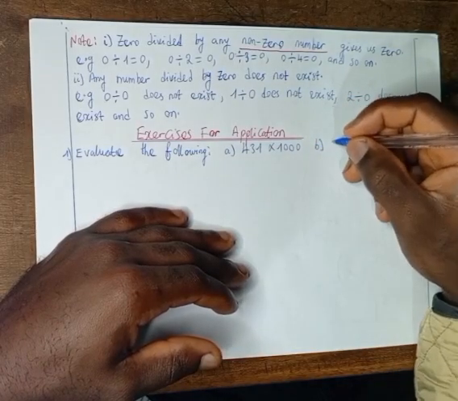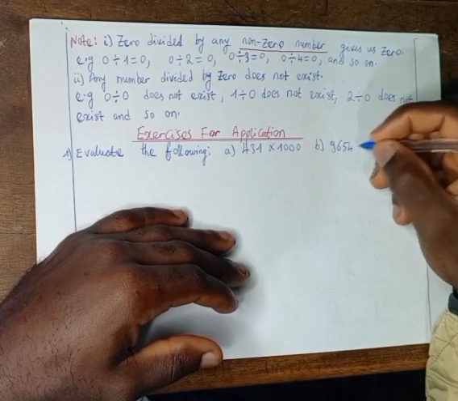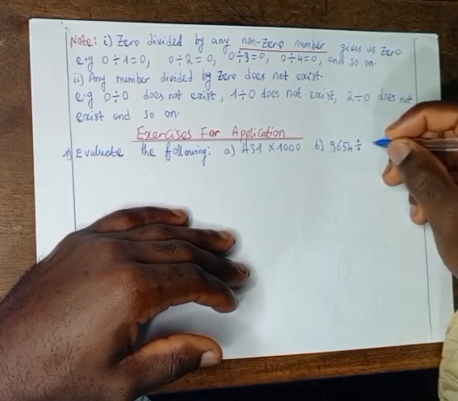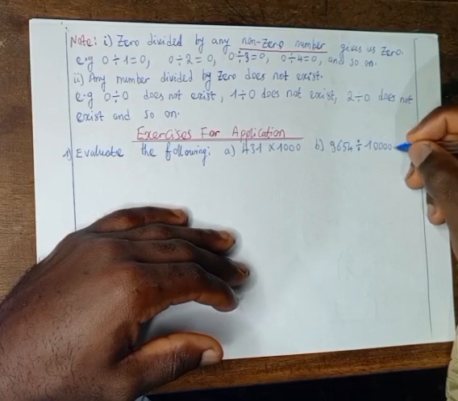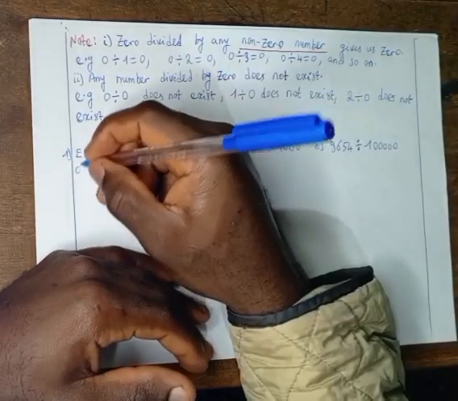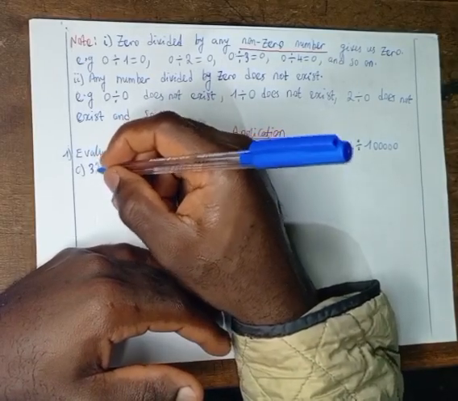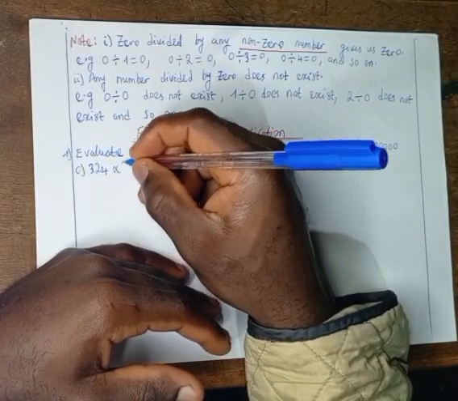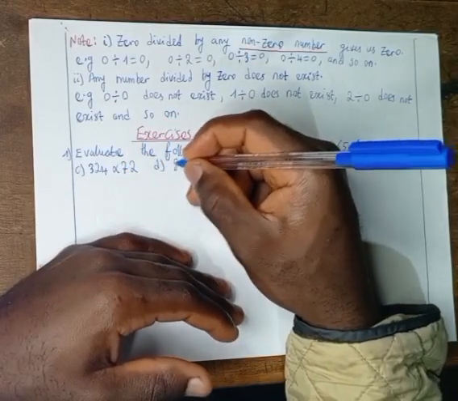B, we have 9,654 divided by 100,000. C, we have 324 times 72.